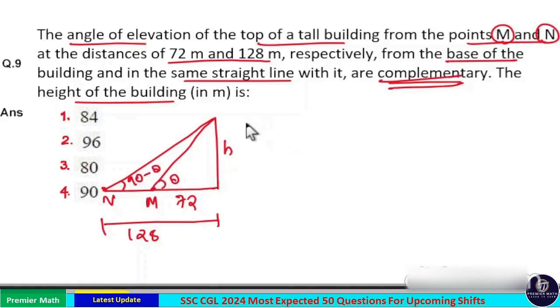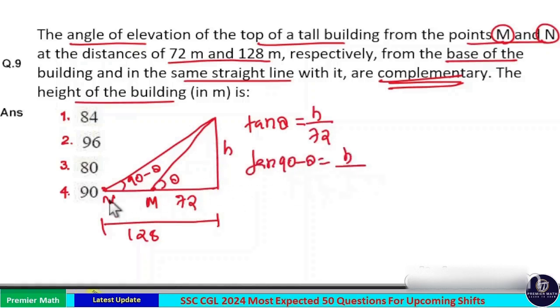Now take tan of theta. Tan theta from the smaller triangle is equal to h by 72. Then tan 90 minus theta from this larger triangle is h by 128.